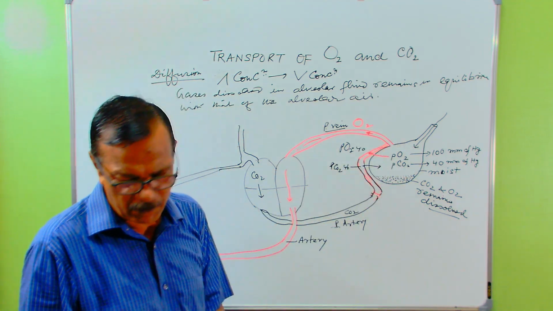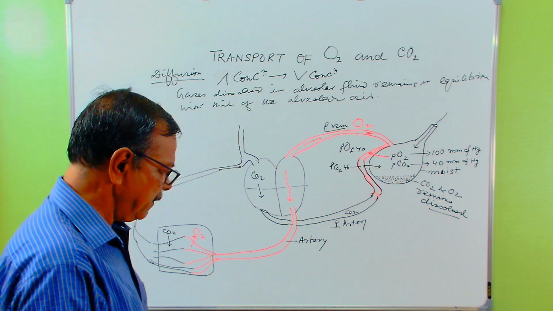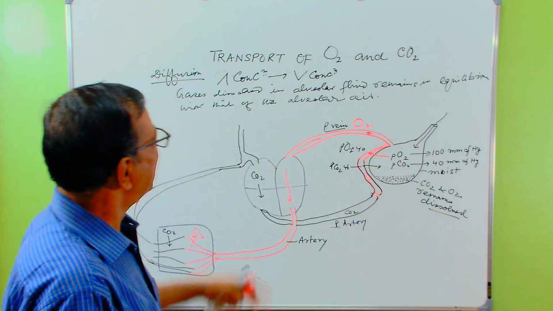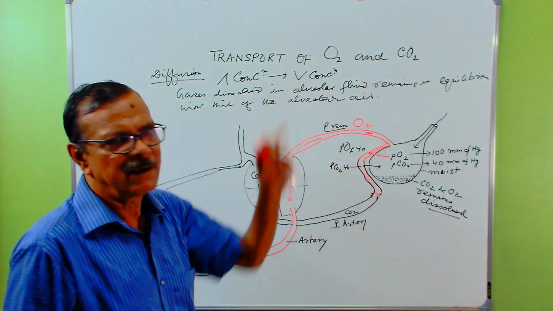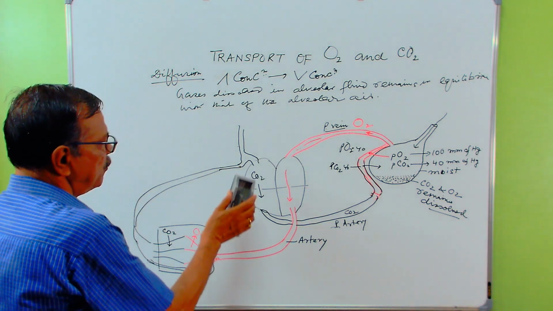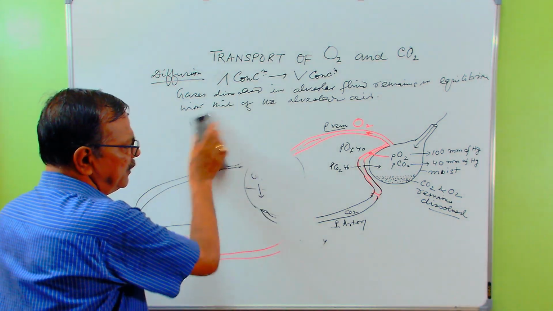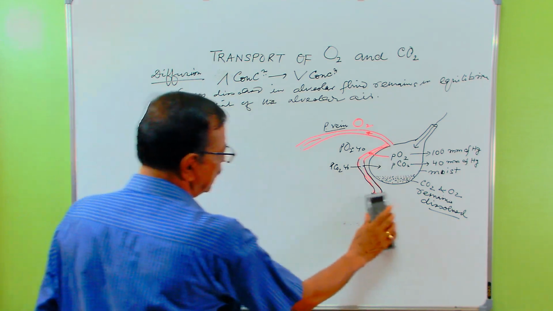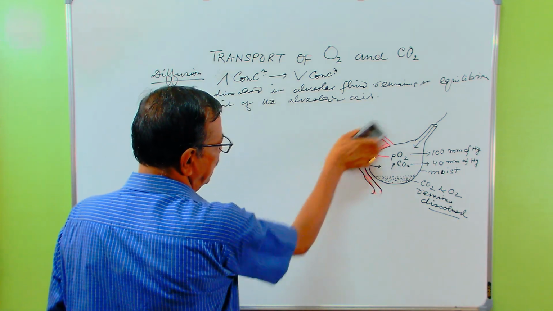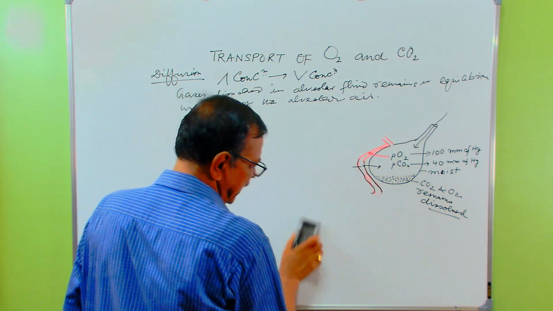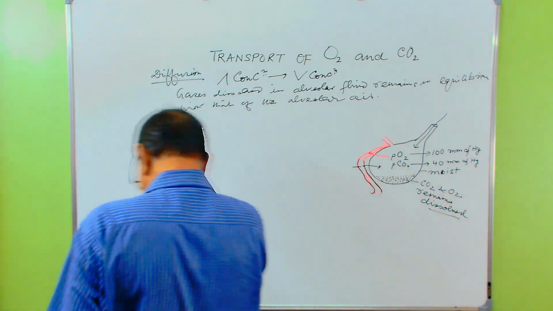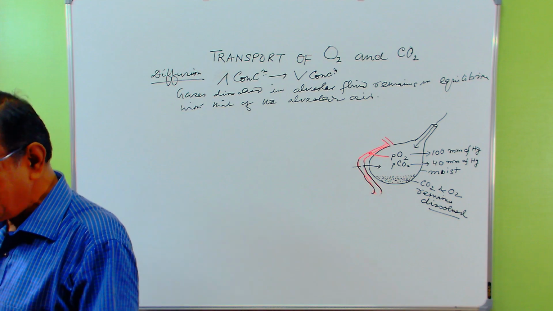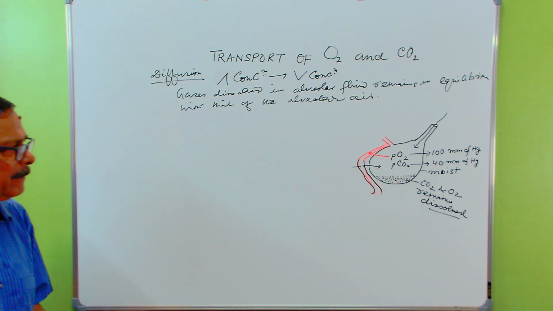So this is the number one point we should remember prior to entering into the subject of transport of O2 and CO2. Just mention 2 or 3 points, and that will help the examiner understand that you have gone through the subject properly.